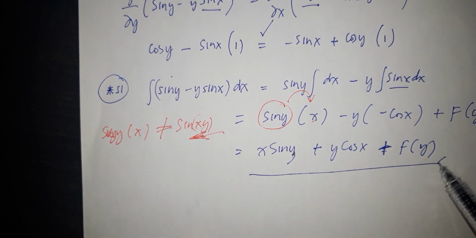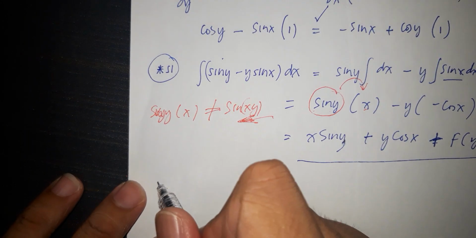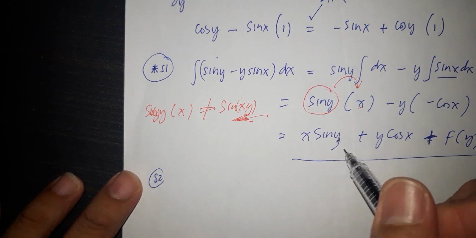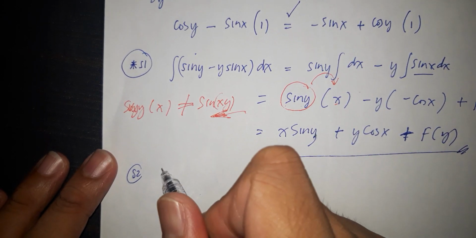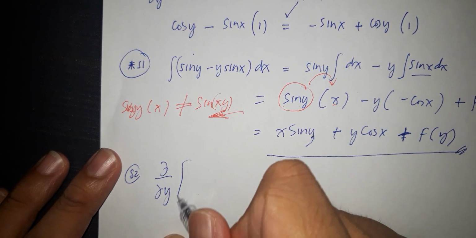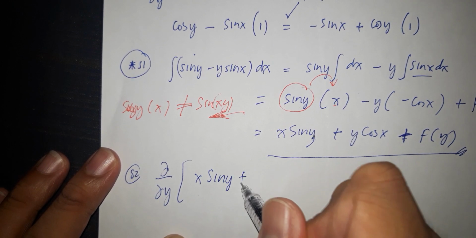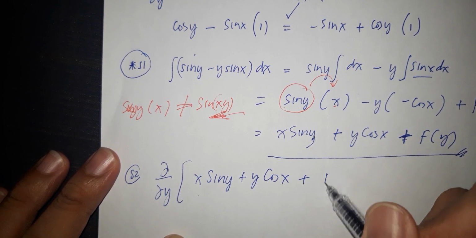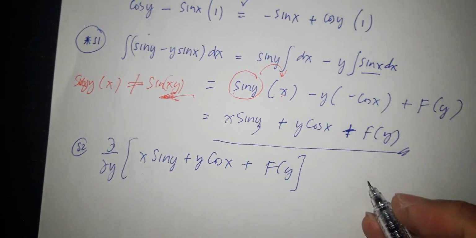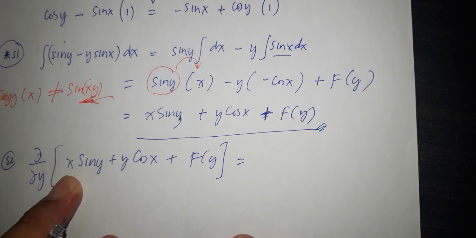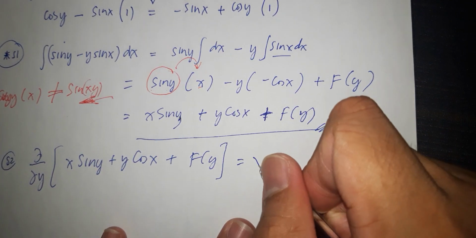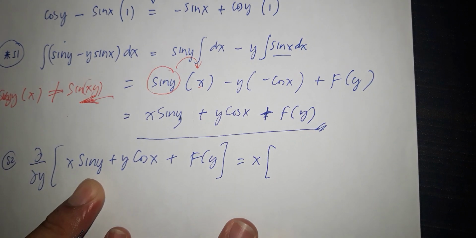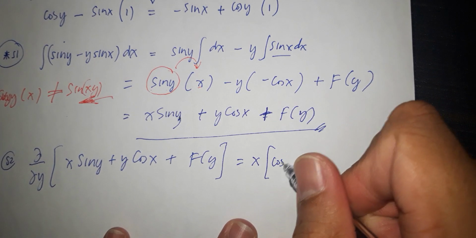Since we have obtained the first step, the next step is to take the partial derivative with respect to y of the result, treating x as constant. If we treat x as constant, that must be put outside, so that is x. The derivative of sin y with respect to y is cos y.